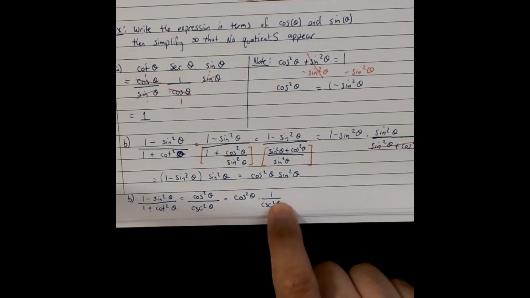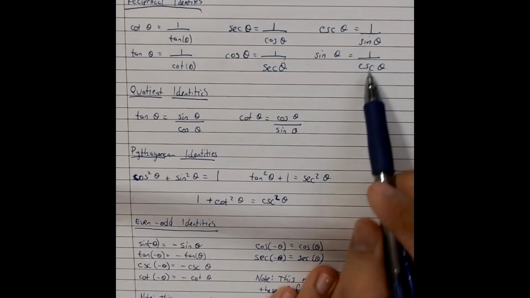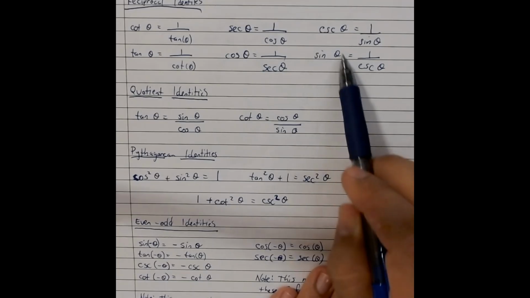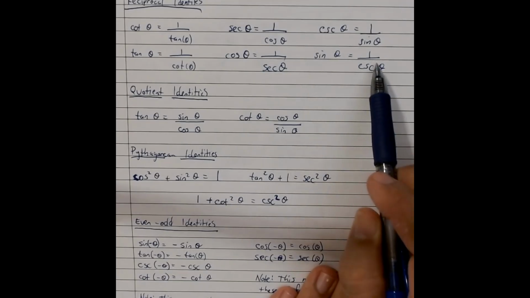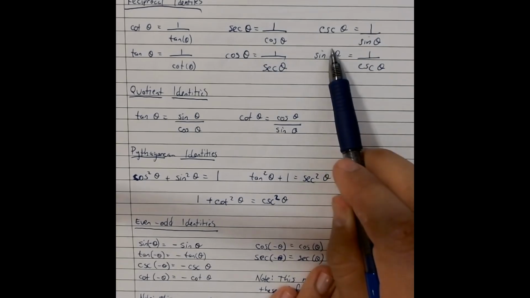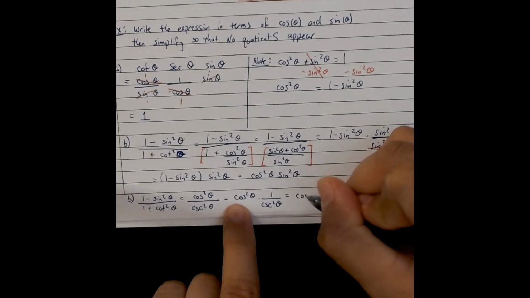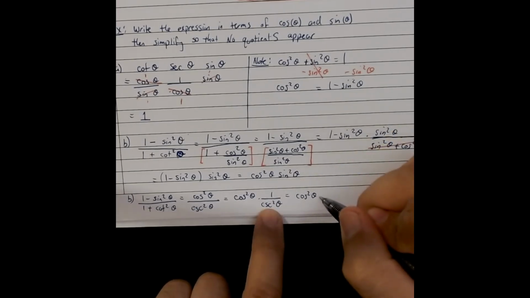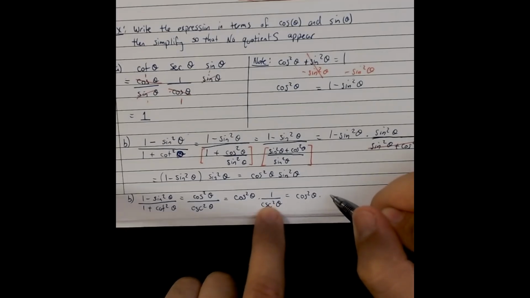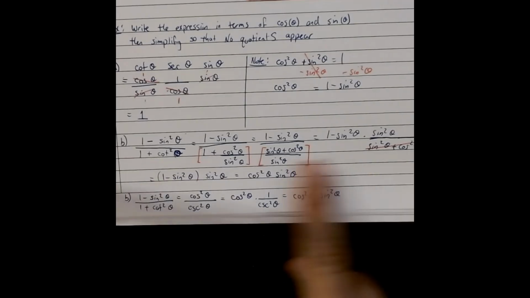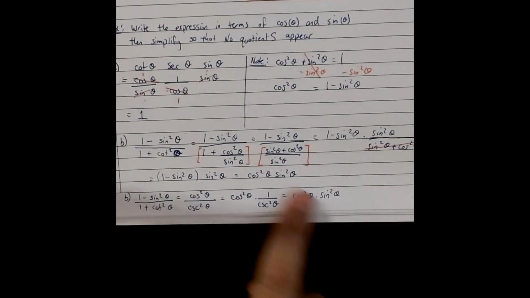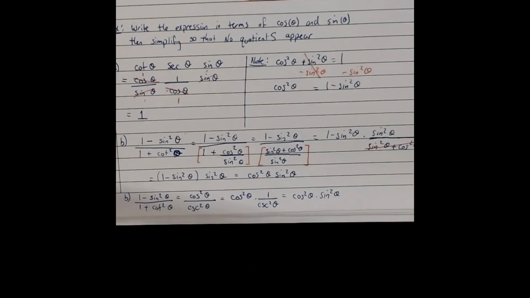But now, given the reciprocal identity, 1 over cosecant of theta is sine of theta, so 1 over cosecant squared of theta must be sine squared of theta. So here this will give me cosine squared of theta times sine squared of theta. And you'll notice that even though our steps look completely different, we end up with the same result.